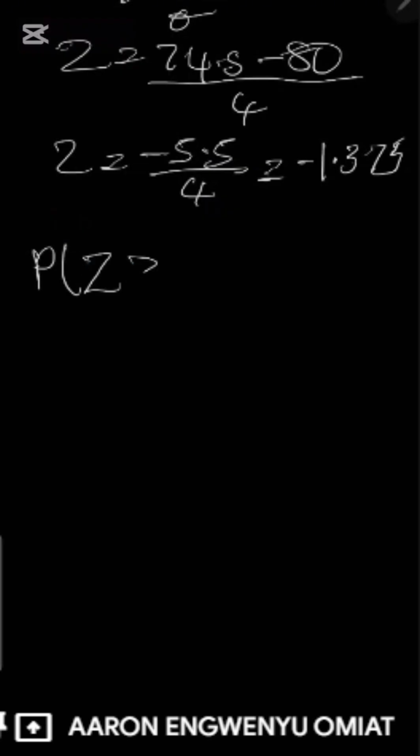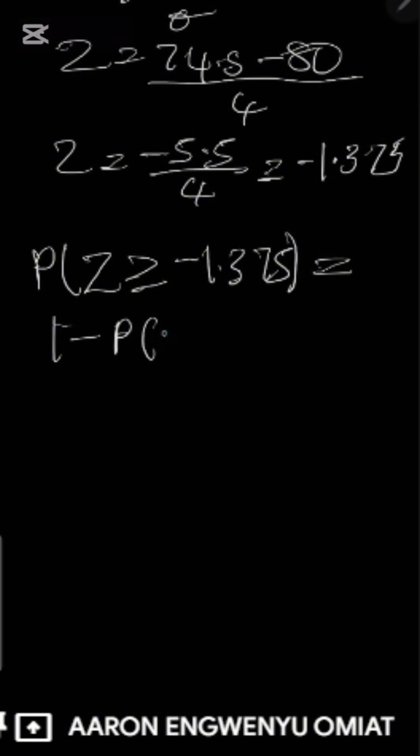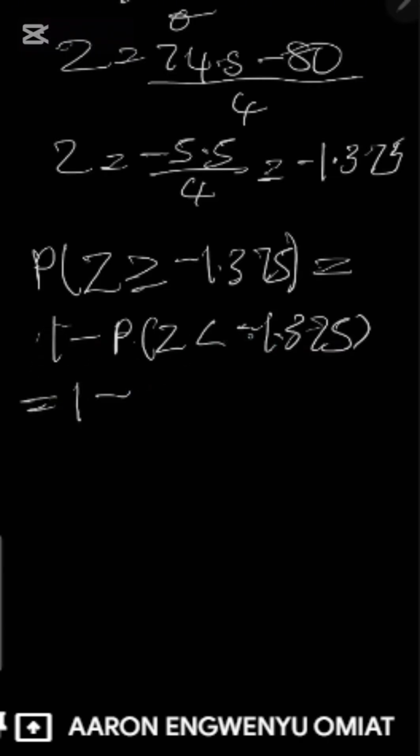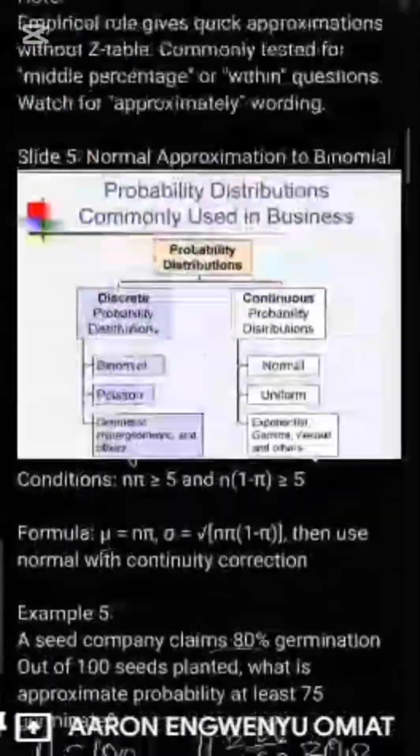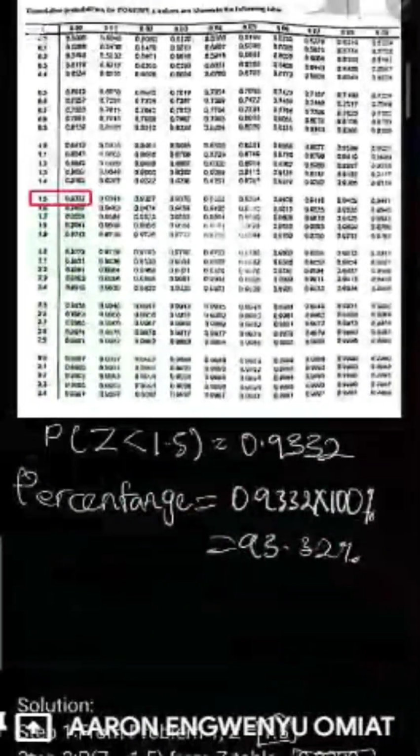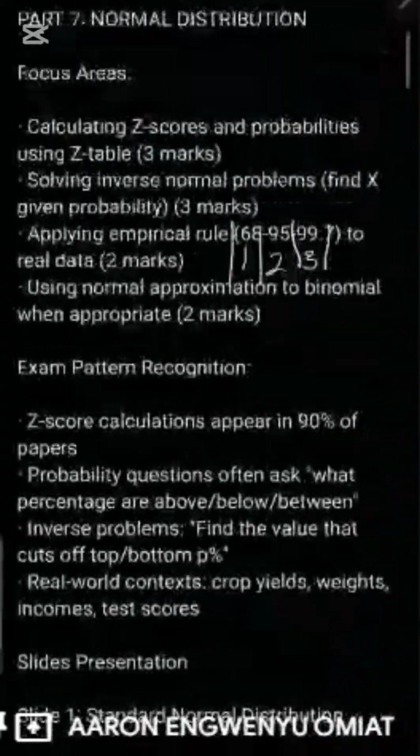Going ahead, our probability of z greater than or equal to minus 1.375 shall be equal to 1 minus the probability of z less than minus 1.375. So we go to our table to find this. In the previous examples, we have been using the positive table. Now for this example, we shall be using the negative table.